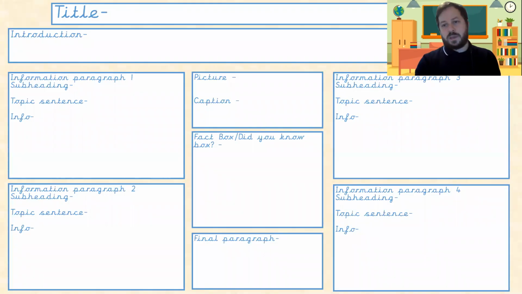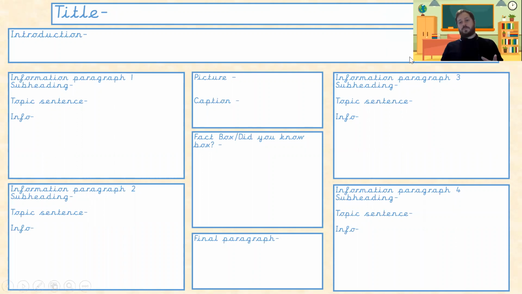So this would be our plan. This is the way we'd set up. Now this box up would work for any non-chronological report you're going to write. But if we think about our model text, actually the facts box and final paragraph wouldn't be used because we had enough information otherwise. And probably given the fact that we're going to do a historical non-chronological report, you probably won't have a final paragraph, but you could have everything else.